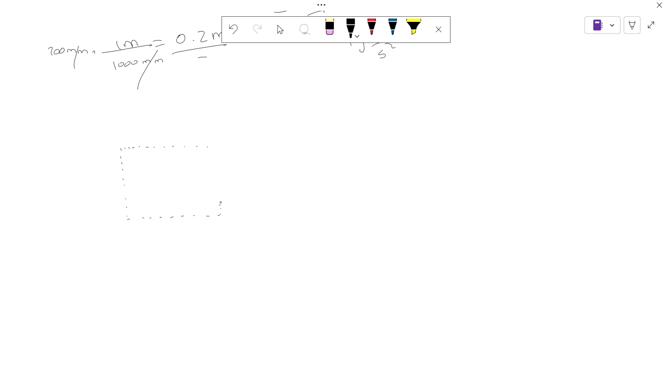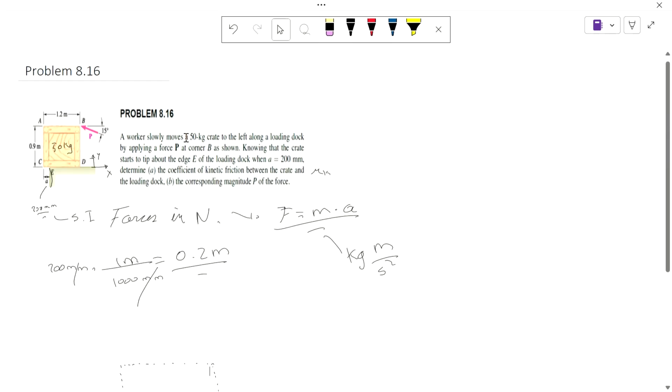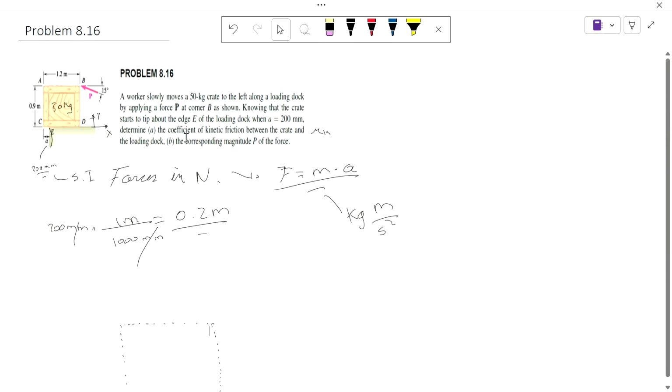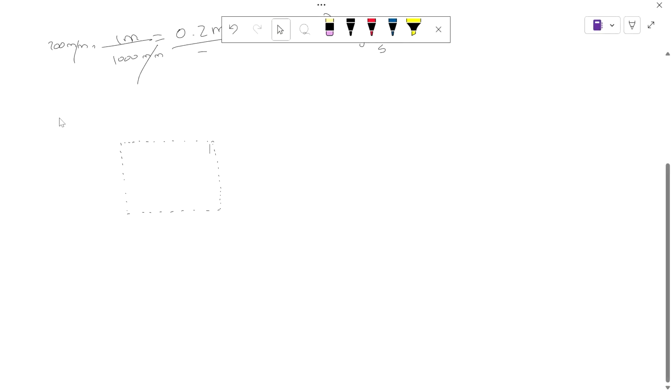All right, so we know the dimensions of the box. We know that it is 0.9 meters, or 900 millimeters, and 1.2 meters. So from here to here, 0.9 meters. And from here to here is 1.2 meters. All right, we have that. That's the simplest thing.